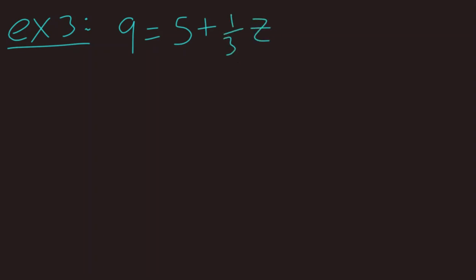Okay, here we have example 3. Let's say 9 equals 5 plus 1/3 z. Well, I'd go ahead and write my PEMDAS, my arrow going up.